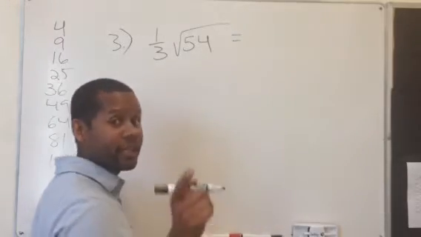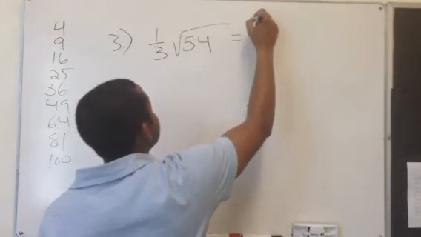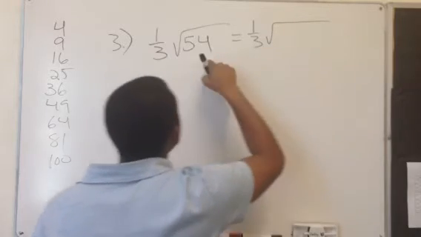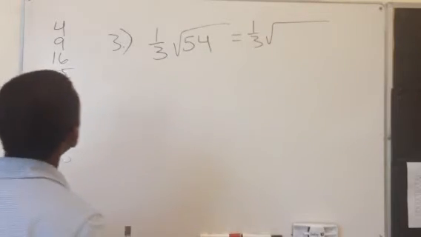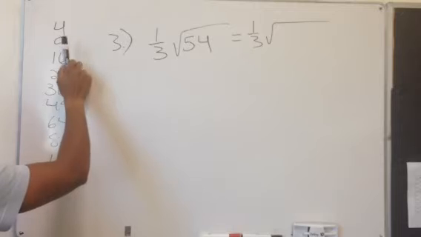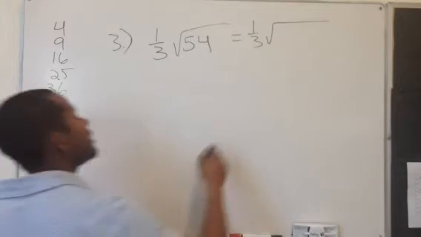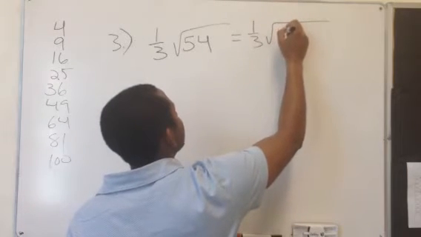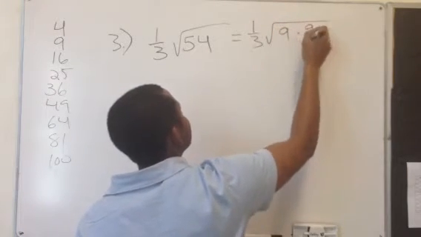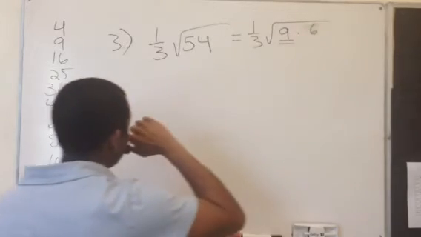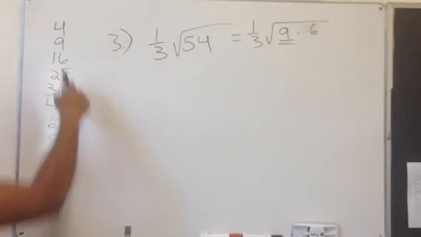So, training day. So, you said, alright, well I got 1/3, that just stays. 54, I need one of these perfect squares. Isn't 6 times 9 54? I think it is. So, I'm going to do 9 and 6. 9 is the key, because that's my perfect square that I wanted to use.